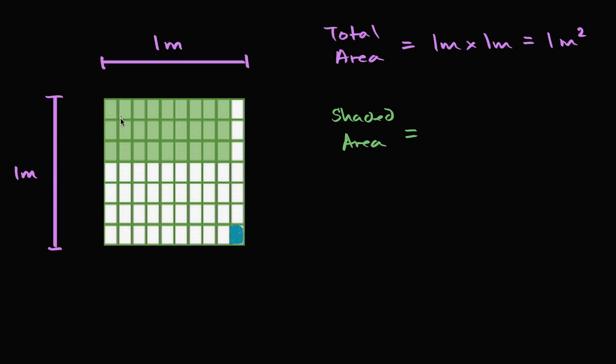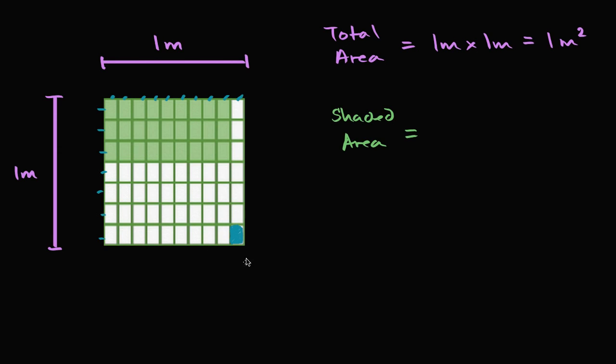Let's see, I have 1, 2, 3, 4, 5, 6, 7, 8, 9, 10 columns, and each column has 1, 2, 3, 4, 5, 6, 7. So we have 10 columns of 7, or 70 of these rectangles. Our entire whole is divided into 70 equal sections.